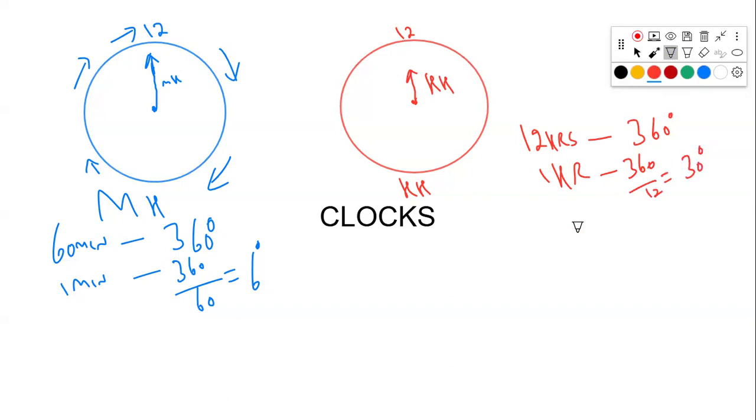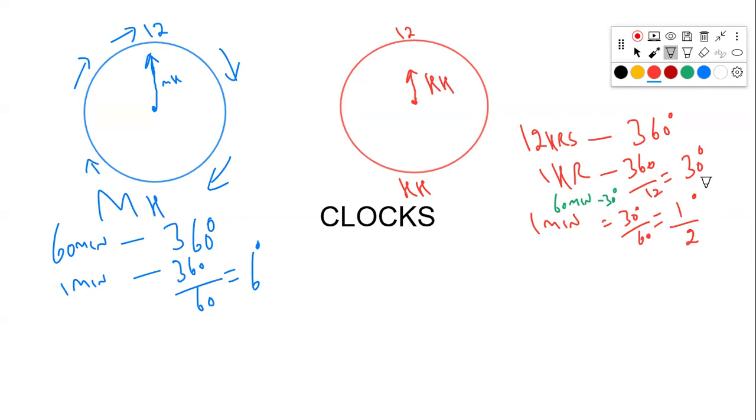Now if I want to look at 1 minute, 1 hour is the same as 60 minutes, which is 30 degrees. So 1 minute will be 30 degrees by 60, which is half a degree.